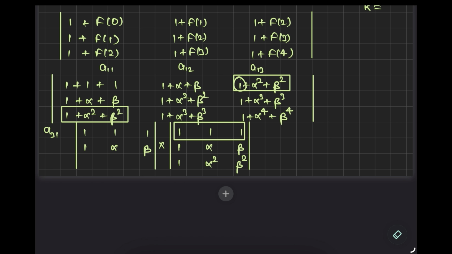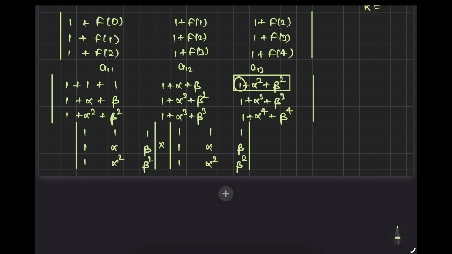Correct? Now, what should we do with this element to get this element 1? It's 1. What should we do with this element to get alpha square? It's alpha square. What should we do with this one to get beta square? It's beta square. You got my point? So you got your determinants.